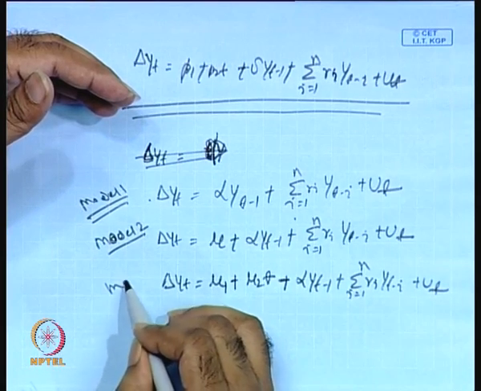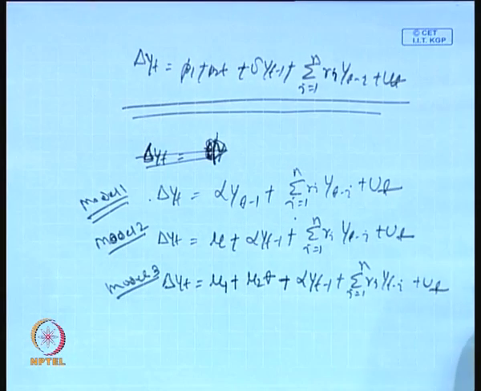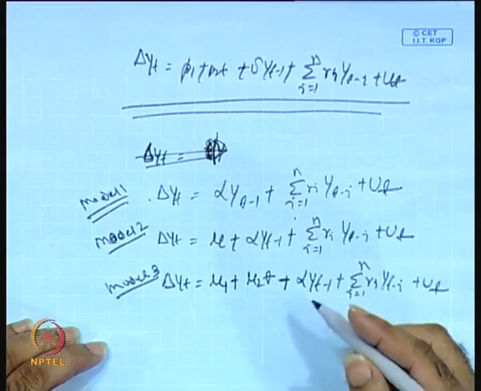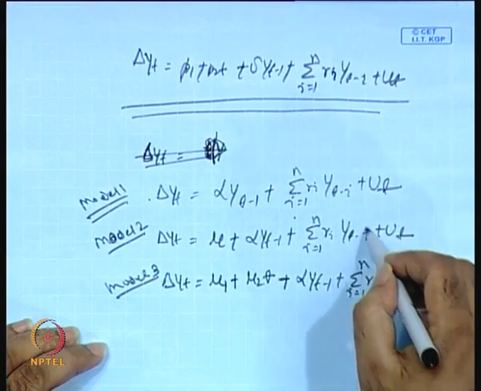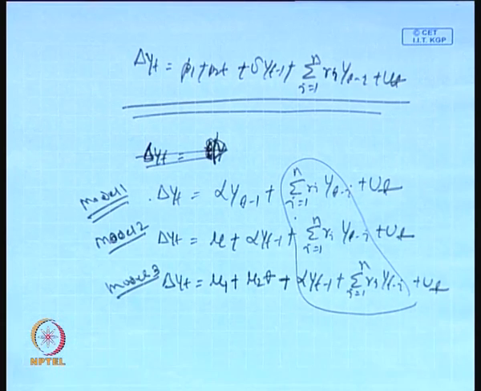This is model 3. So, like the Dickey-Fuller test, we have 3 different sets of models here in the augmented Dickey-Fuller test, but the only important thing we have added is this particular portion. This is the net addition to the Dickey-Fuller test, because it gives an optimal framework for checking unit root problems.